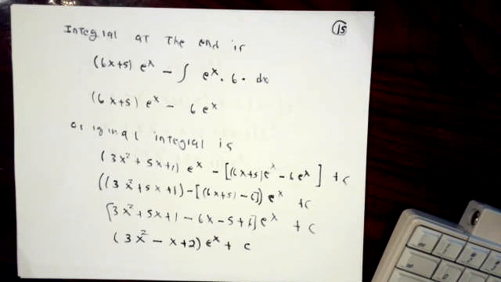Going back and putting this in with our previous work, this is the antiderivative I'm looking for. Of course, the first two pieces have a factor of e to the x. There are terms that can be combined. When the dust finally settles after you do the algebra, you find out that your antiderivative is 3x squared minus x plus 2 times e to the x plus the constant of integration.